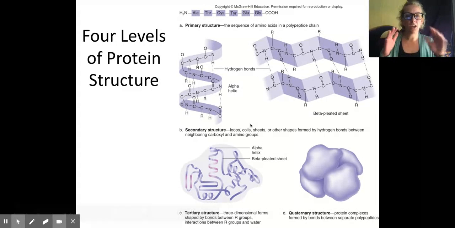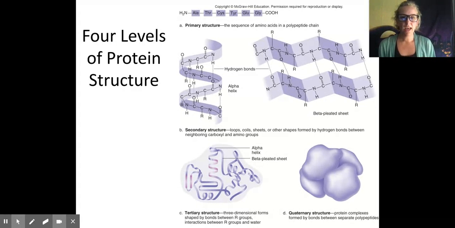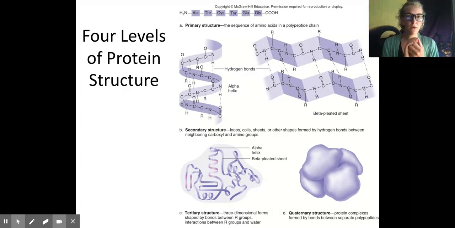This is when you go from the spiral or the pleat into something that is more three-dimensional, and there's continued bonding between other atoms in that molecule as they find each other either attracted or repulsed. And then D is a quaternary structure, and this is where the protein complex might form bonds with other protein complexes. So perhaps you have 2 amino acid chains leave the ribosome, and those 2 amino acid chains, which are the same, might come together and form a larger protein based on multiple chains coming together.